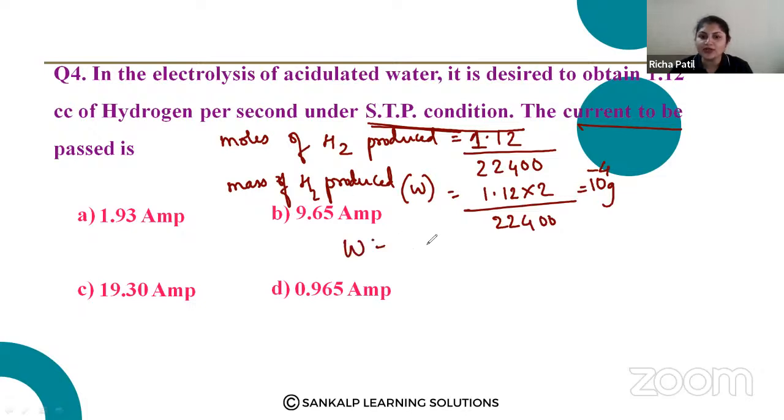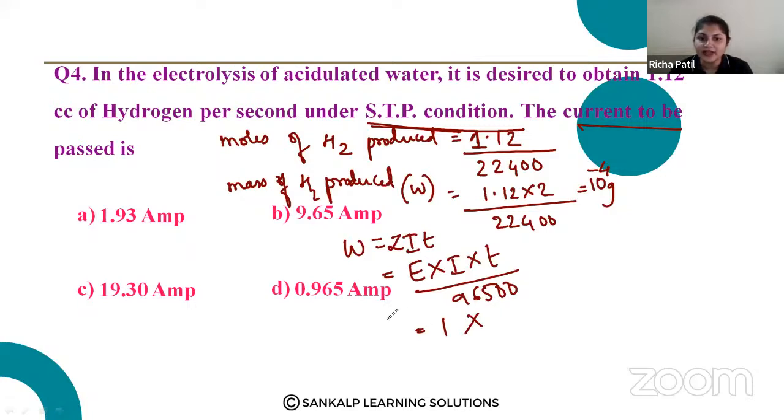You know the formula, W is equal to ZIt, right? This can be rewritten as E into I into t divided by 96,500. Because it is at STP conditions, the equivalent weight is given as 1 gram. The weight is 10 raised to minus 4 grams. Time is 1 second.